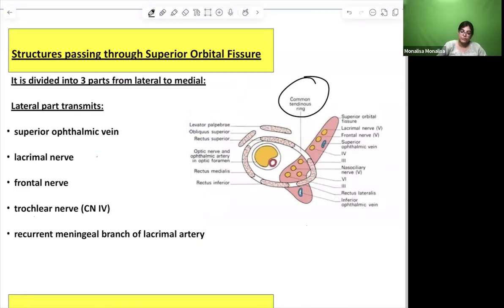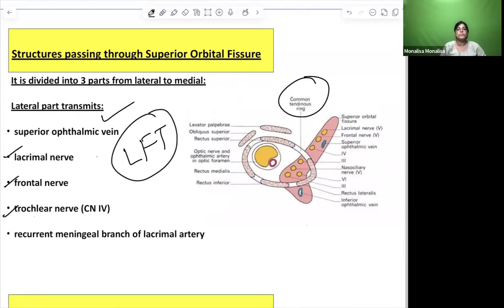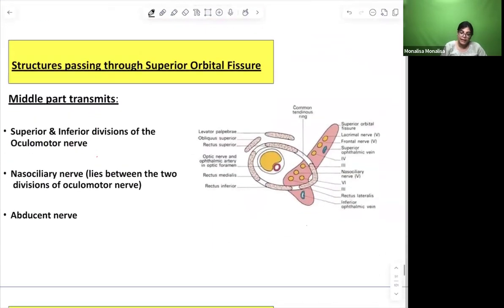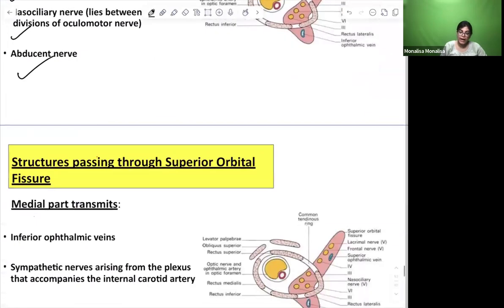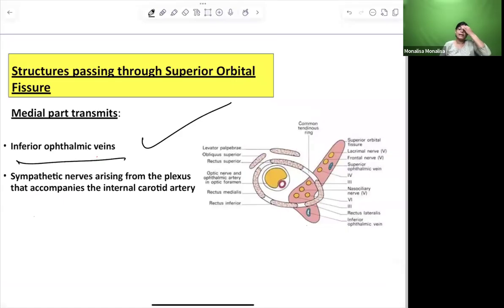The structures passing through the upper part are LFT: lacrimal, frontal, and trochlear nerves, along with the superior ophthalmic vein and a branch of the lacrimal artery. Through the middle part pass the oculomotor nerve, abducens nerve, and nasociliary nerve. Through the inferior or medial part passes the inferior ophthalmic vein.